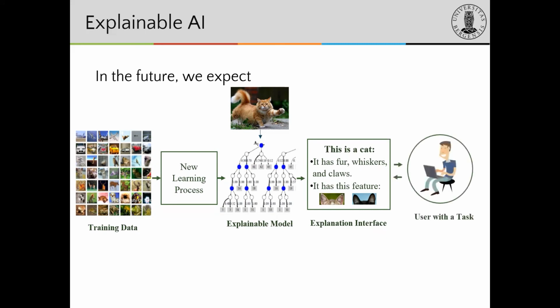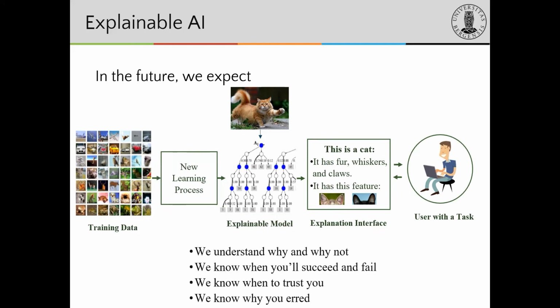Then the user can interact with this explainable interface to have more insight into the design of the deep neural network. If the result is not good, then he or she can go back to redesign the deep network.